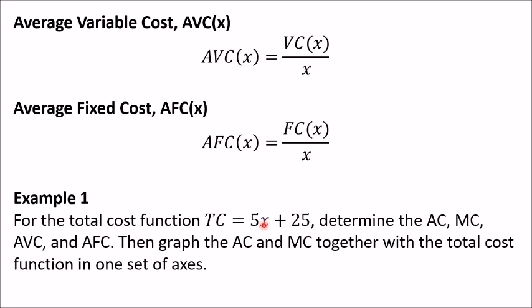So, x is equal to 10. And then itong 5 na to, ito yung magiging cost ng bawat notebook. Parang ganun siya. Okay? So now, we will determine this AC, the average cost, the marginal cost, the average variable cost, and the average fixed cost. Then we will graph the three, AC, MC, and the total cost, or the TC.